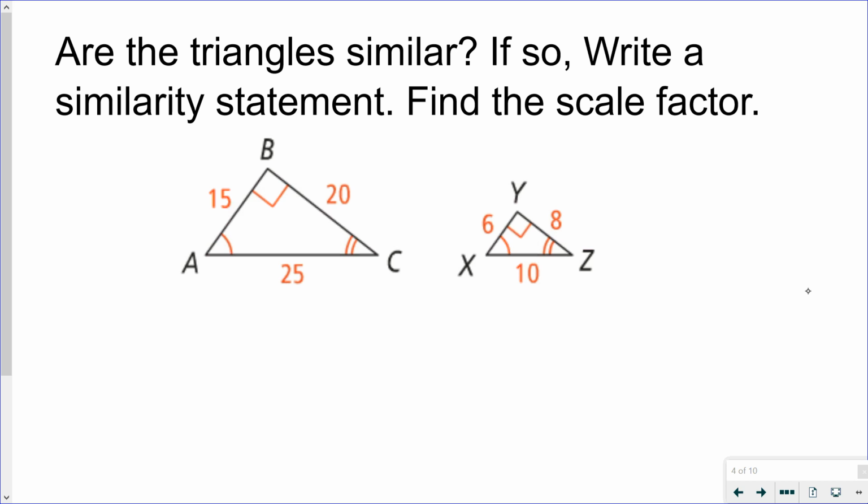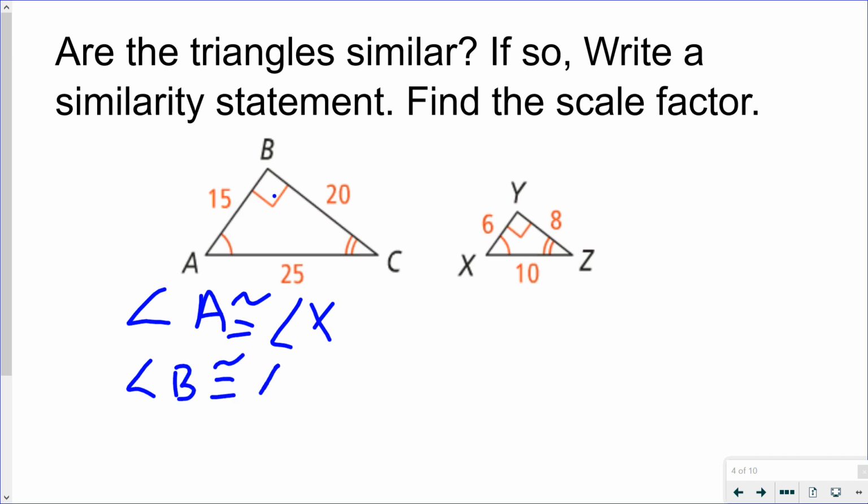So that means that angle A is congruent to angle X. Angle B and angle Y are right angles. So angle B is congruent to angle Y. All right angles are congruent. And angle C and angle Z have two arcs. They're the same. So angle C is congruent to angle Z.